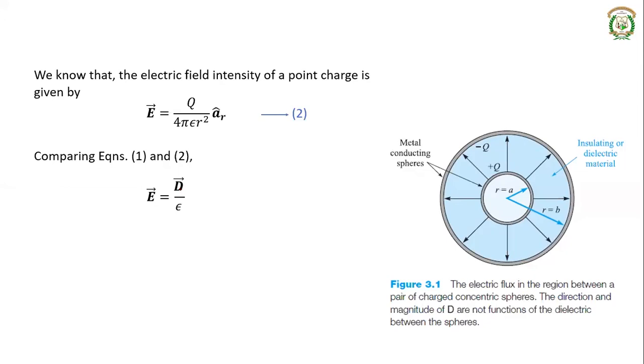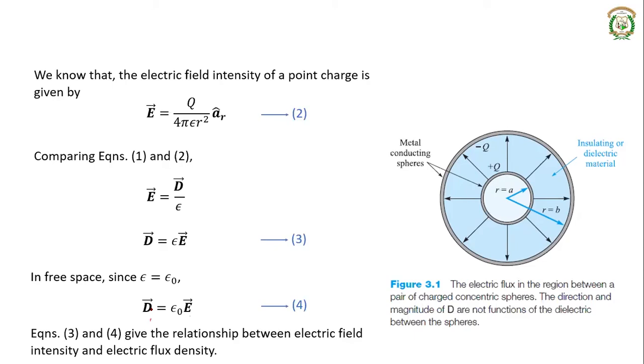If you divide the electric flux density by epsilon, you get the electric field intensity. Or in other words, D is equal to epsilon into E, right? In free space, since epsilon is epsilon naught, we can write D is equal to epsilon naught into E, right? So this gives the relationship between electric field intensity and electric flux density. These both equations 3 and 4 are for any medium.